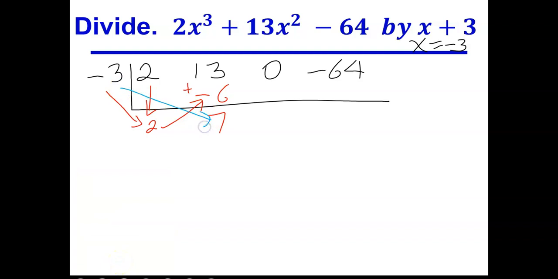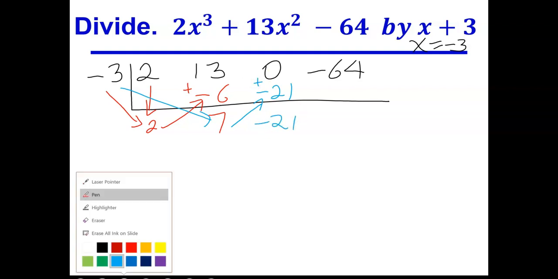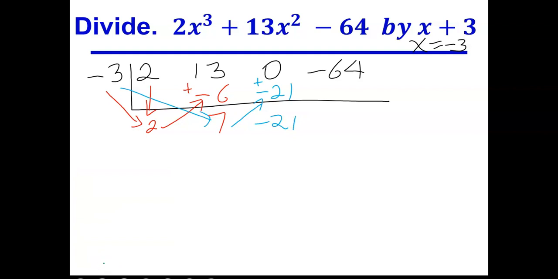And that times negative 3 is negative 21, and then we add, I get negative 21. Then we multiply that, negative times negative is positive, so 63. We add, we get negative 1.